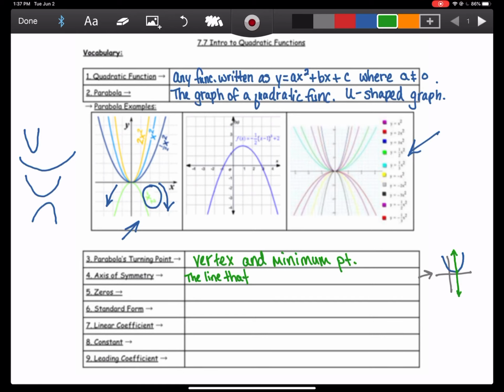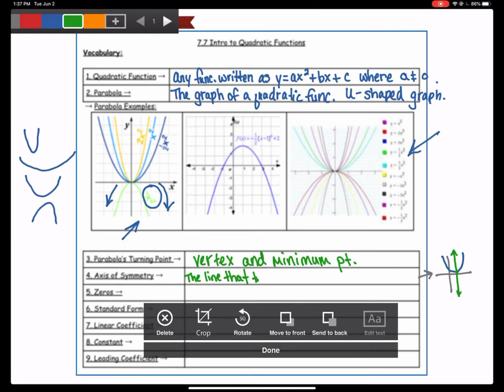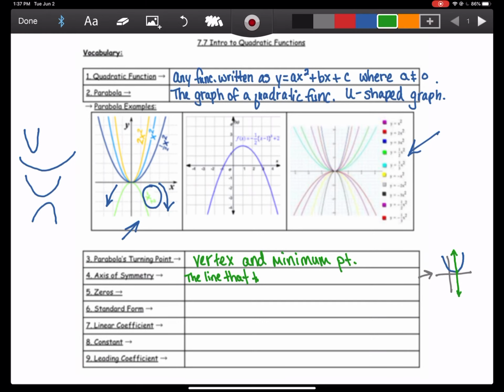No, I really want to say that travels through the middle of the parabola. I'm going to leave it at that because we don't have enough room. So the green line here in this example is the axis of symmetry.